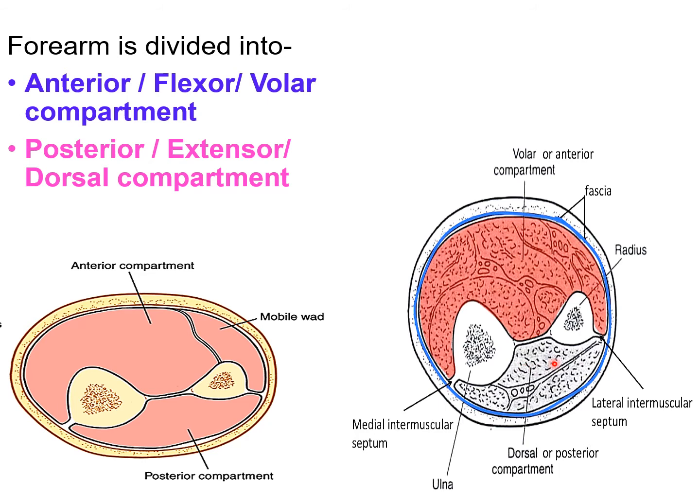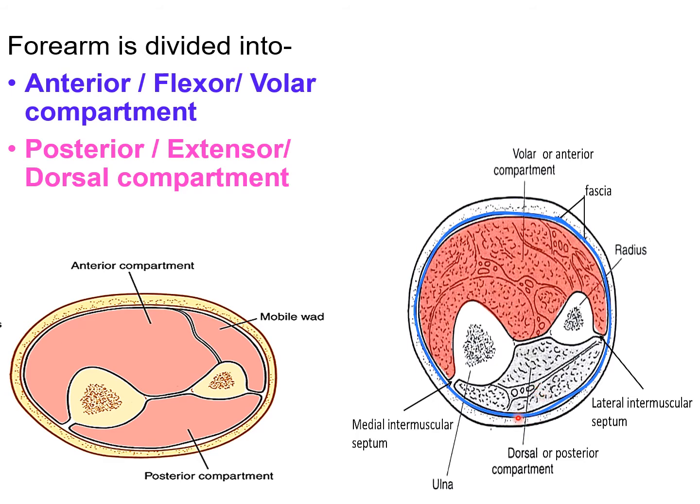The second compartment is the extensor compartment, also known as the posterior or the dorsal compartment. So the deep fascia sends in the medial and lateral intermuscular septa, thereby dividing the forearm into the anterior or flexor compartment and the posterior or dorsal compartment.